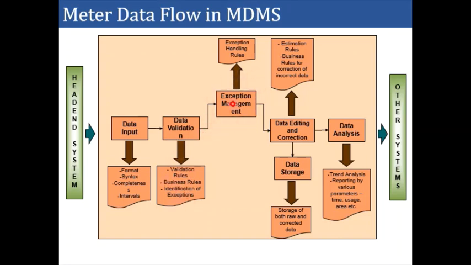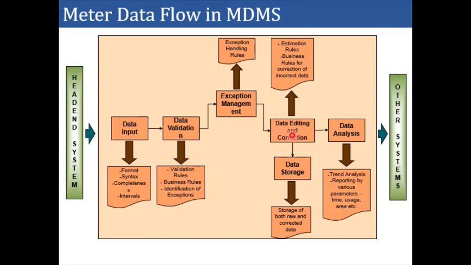Then it does the exception management. Through various exception handling rules, it does the exception management. Then data editing and correction. If there is a problem in the data and it needs to be corrected, then based on various estimation rules or business rules, the data editing and correction happens.